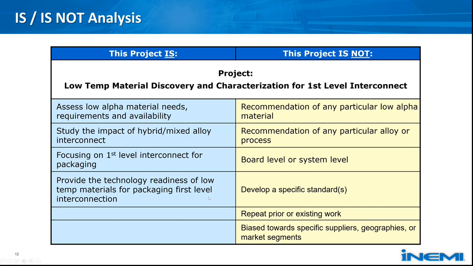Scope is to characterize and study these first level interconnect with low temperature solder and discover those systems which are compatible. It won't focus on the second level interconnect, like I said, but we will leverage the learnings. It won't repeat any existing or prior work, and it will not be biased towards any specific supplier geography or market segment.